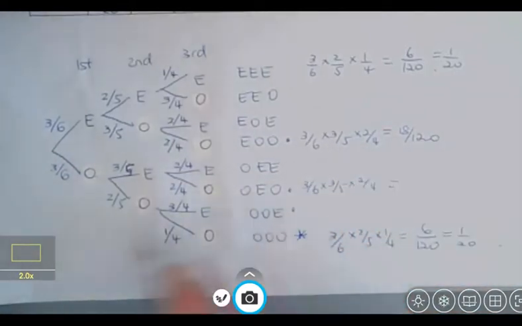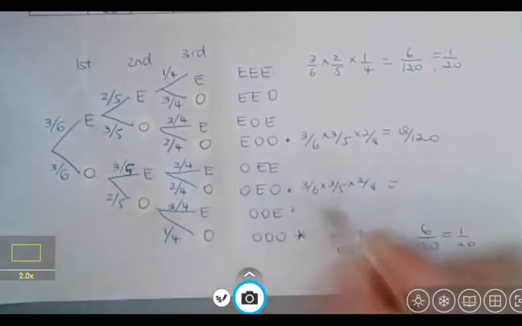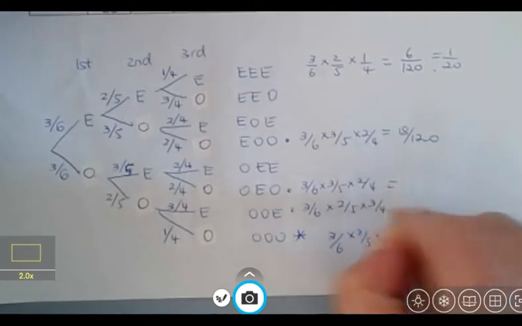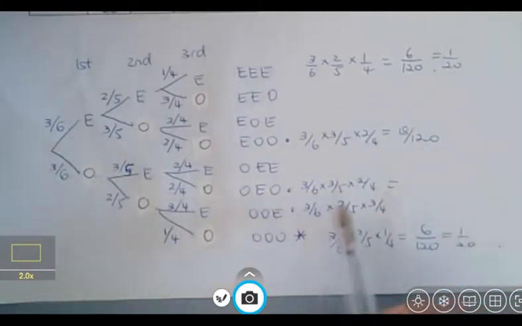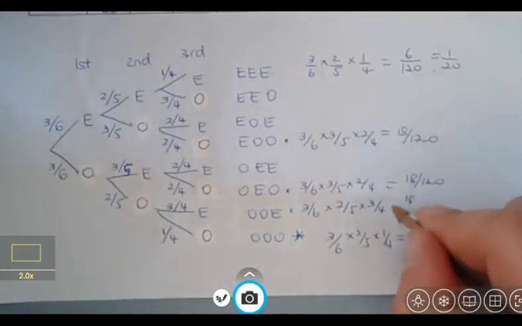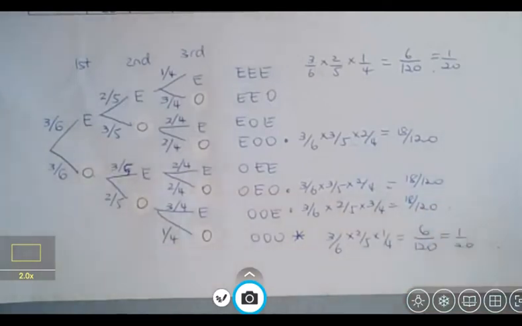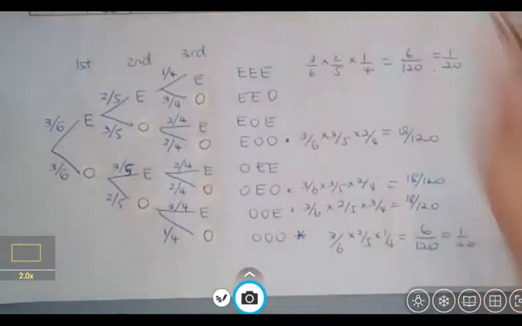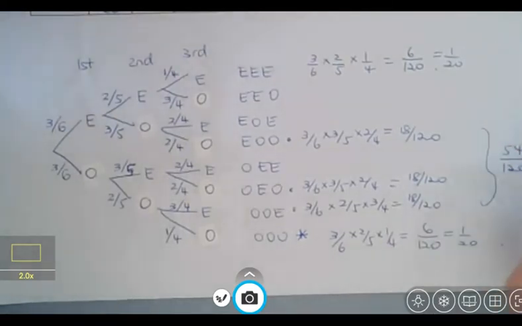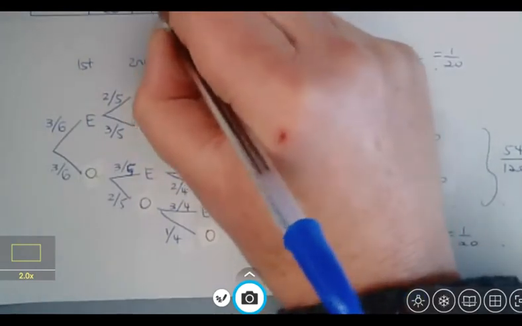I'd say the other one's the same: 3/6 times 2/5 times 3/4. Look, all the numbers on the numerators are the same numbers as on the denominator, just in a different order. So it's just going to be 18 over 120 three times, which is 54 on 120 for those 3. And you can simplify that by dividing by 6, it's 9/20ths.